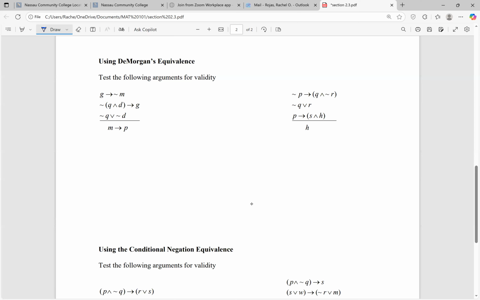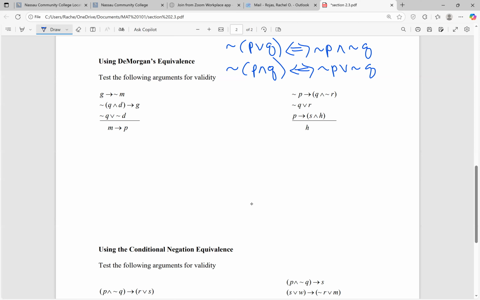If we negated an or statement, not (P or Q), that's equivalent to not P and not Q. And if we negated an and statement, a conjunction, not (P and Q), that would be equivalent to not P or not Q. That's what De Morgan's equivalence states.